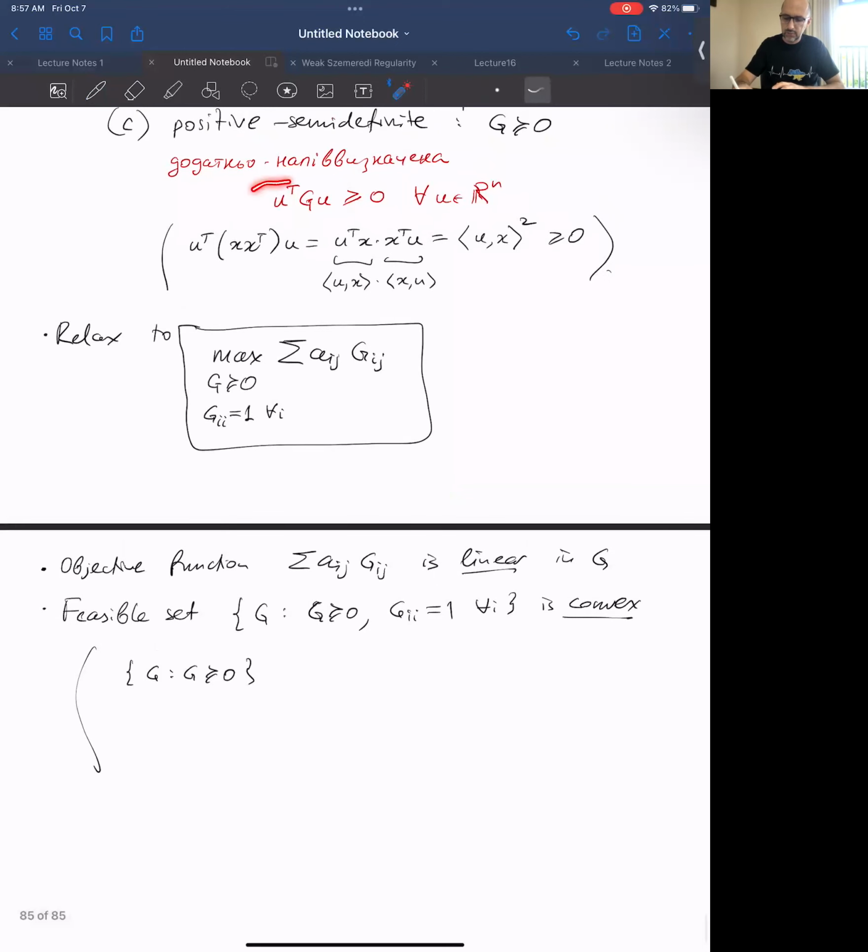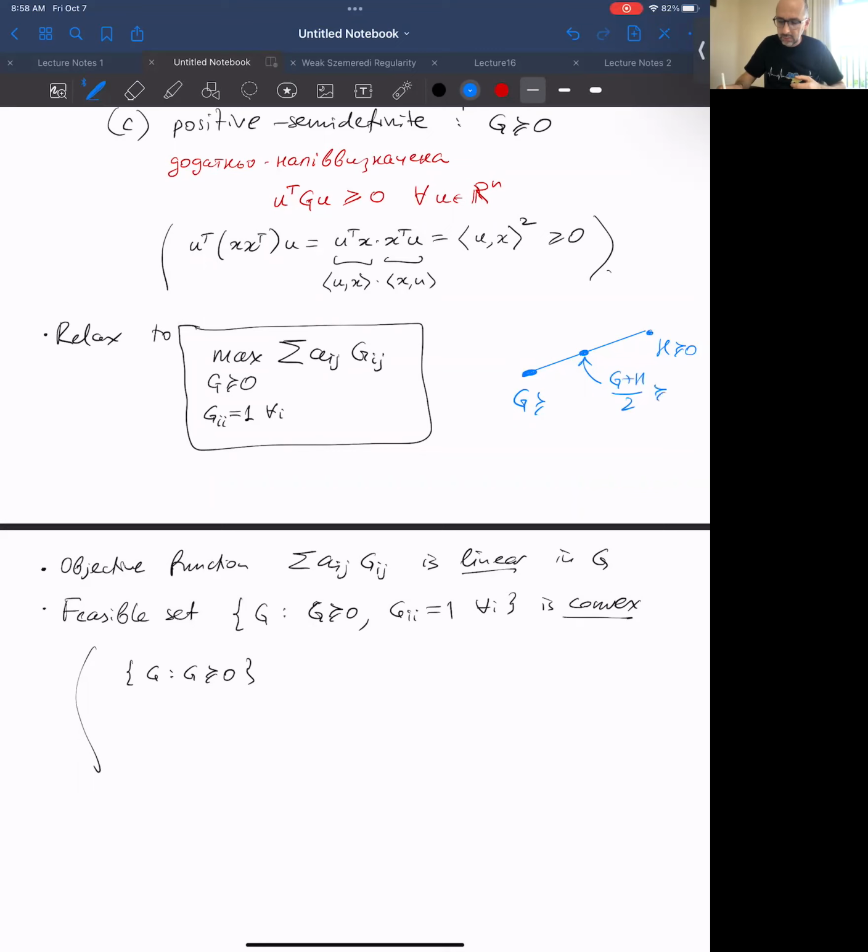This is the definition of positive semi-definite. And just remember what the definition of convex is. If we have one matrix in the set, positive semi-definite, and another matrix, also positive semi-definite, then the interval joining them must also be positive semi-definite. So anything here, let's say halfway, G plus H over 2.